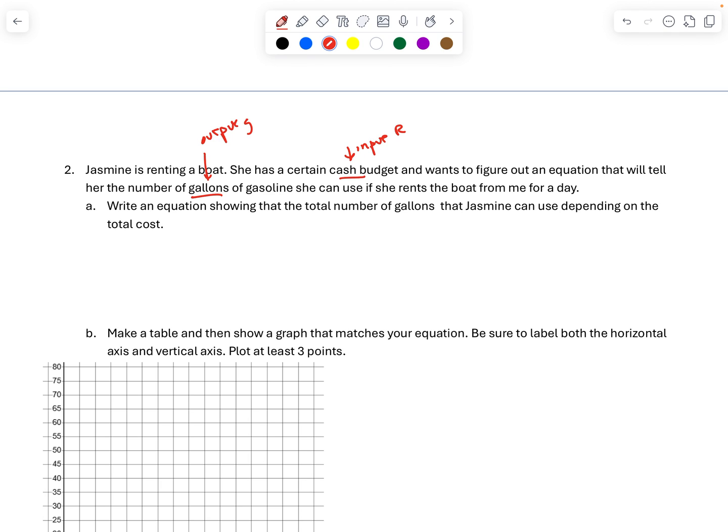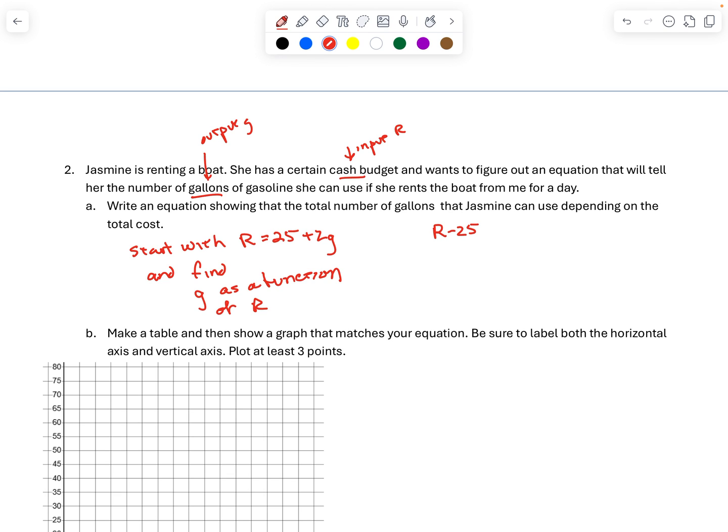It's basically the inverse function. So I'm going to start.